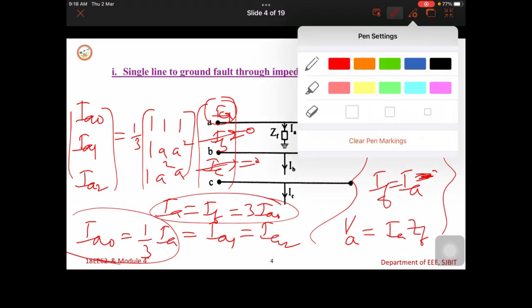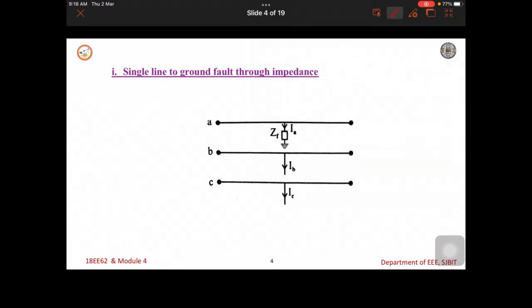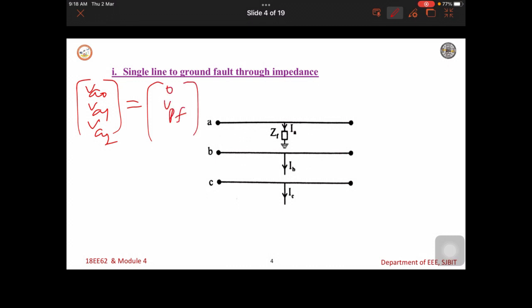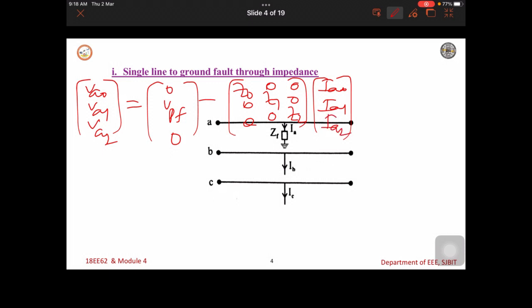After this, let us consider the sequence networks of the generator. From the sequence network of the generator, we can write the voltage equation: VA0, VA1, VA2 equals 0, pre-fault voltage, 0, minus the diagonal matrix of Z0, Z1, Z2 times IA0, IA1 and IA2.